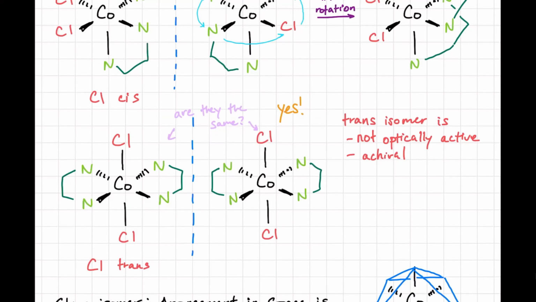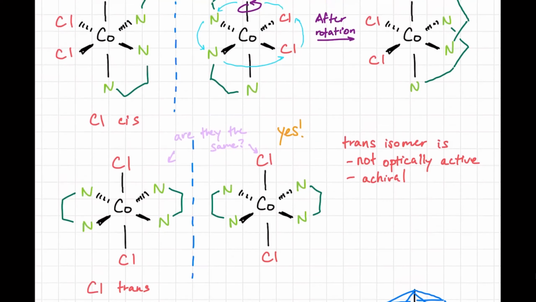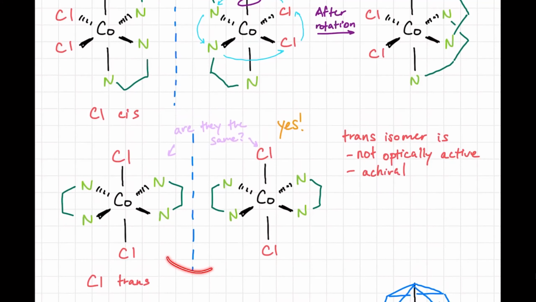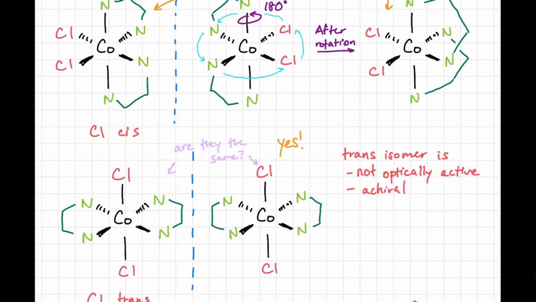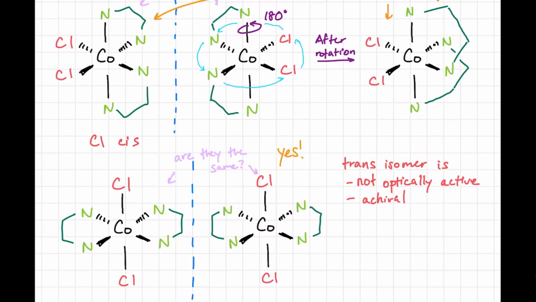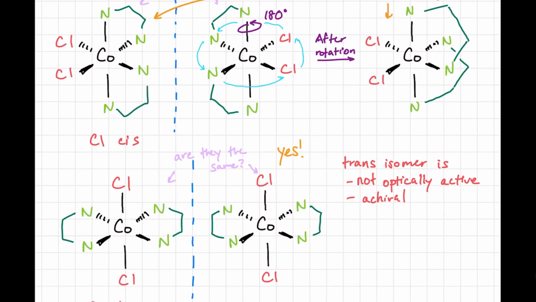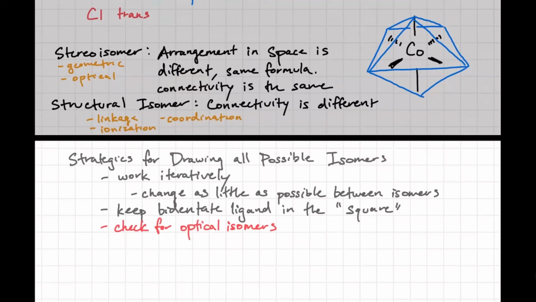But if you're just starting out, I would recommend drawing the mirror plane every single time. In your practice, get comfortable drawing the optical isomer, the mirror image, and doing the rotation in your head, so that on the exam you won't be struggling for time when you have to draw however many there are.